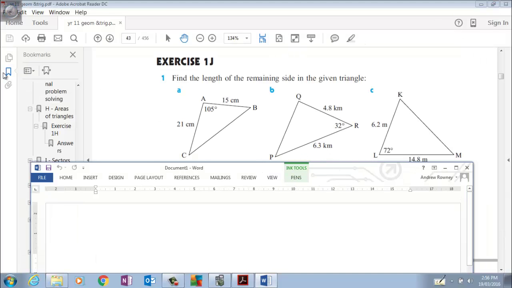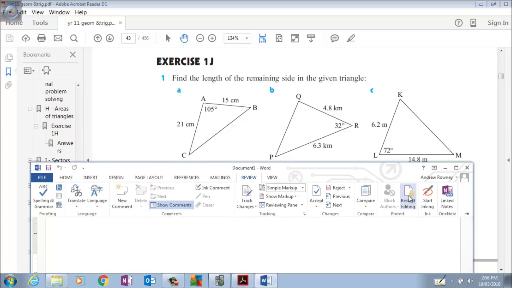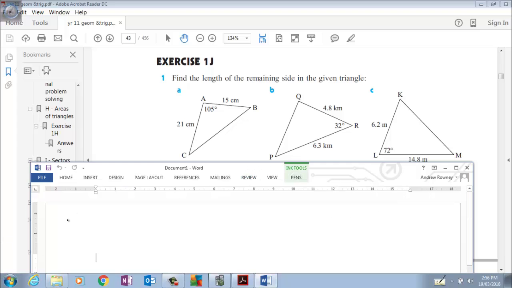So question 1, we have A being 105 degrees and B and C. This is 15, that's length little c. This is 21, length little b.